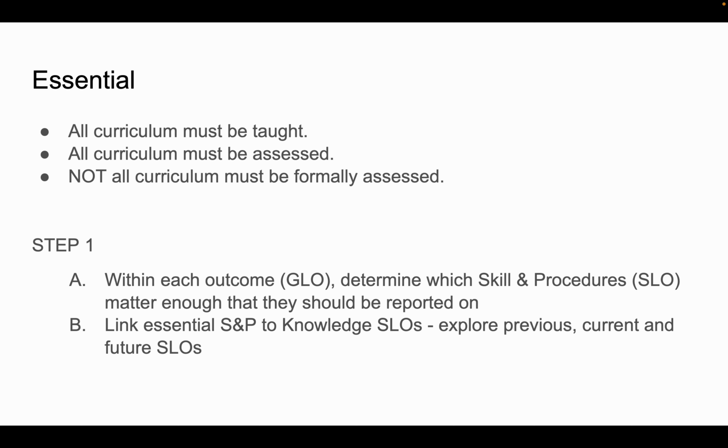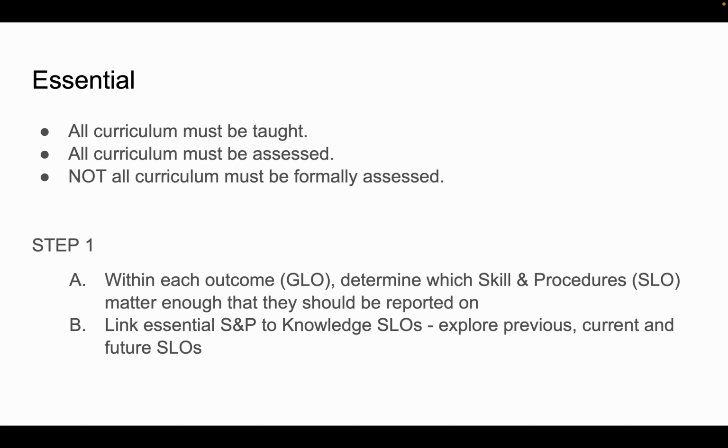So again, your step one, which we're hoping you'll begin today, I doubt it gets finished, but I'm still going to explain all the steps as we go through it. Within each general learning outcome of the subject that you are working on, determine which specific skills and procedures matter enough that they should be reported on.